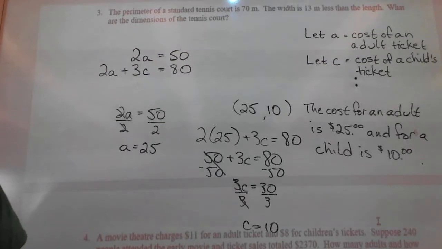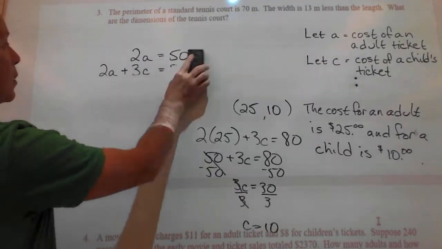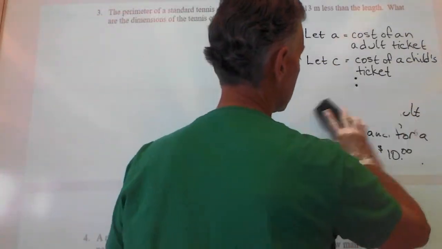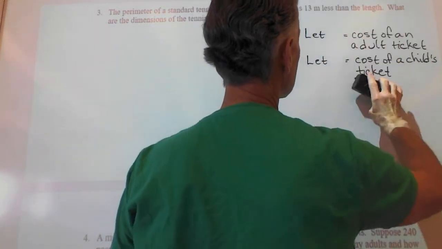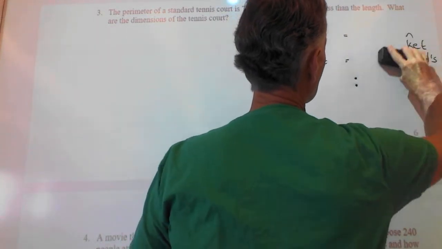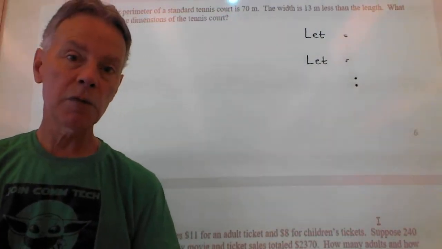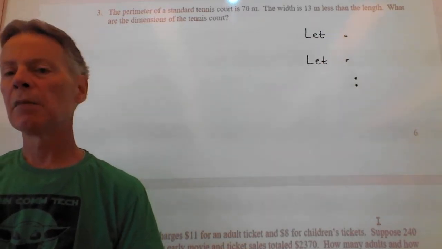Okay, this one's a little trickier, but I know you can do it. One of the nice things about this unit is you'll find, after doing a few of these word problems, you'll find that you get better and better at it, okay?